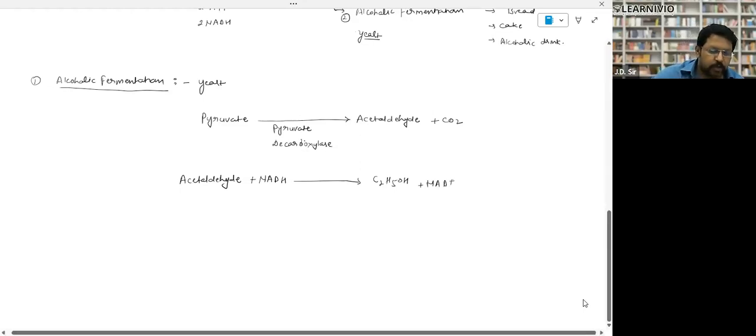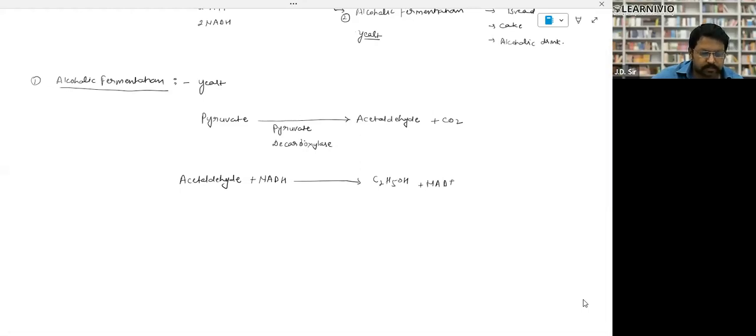The enzyme which is required is alcohol dehydrogenase. First note down the reaction, then I will tell you. One more line you need to note down.